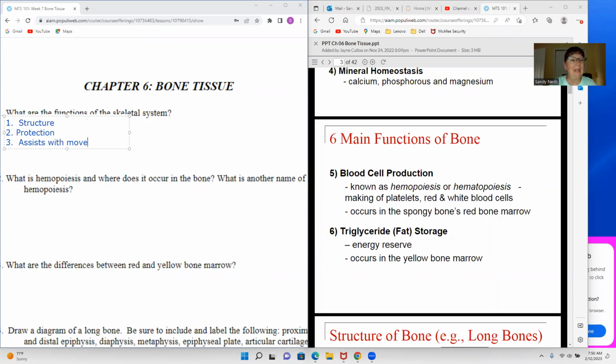It doesn't create movement. Nerves create the movement, nerves and muscles, but it assists in movement. The next one is mineral storage, and you need to know the minerals.